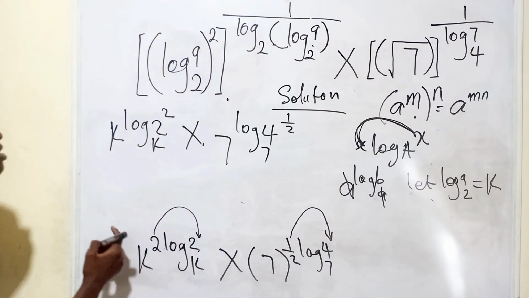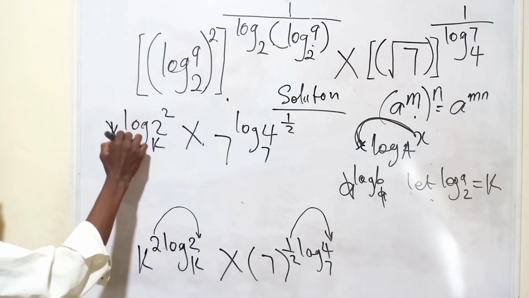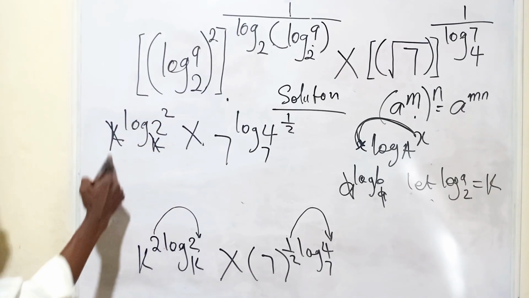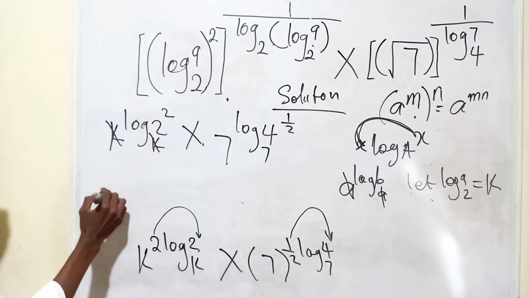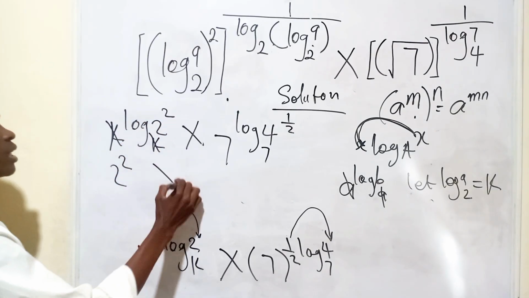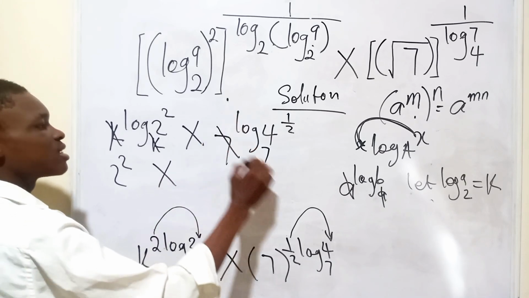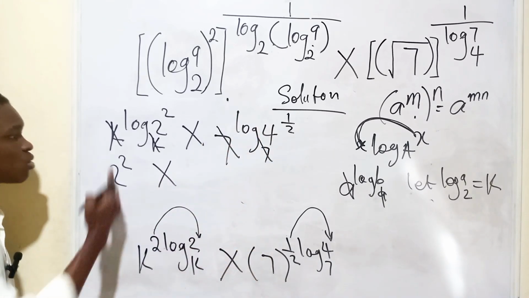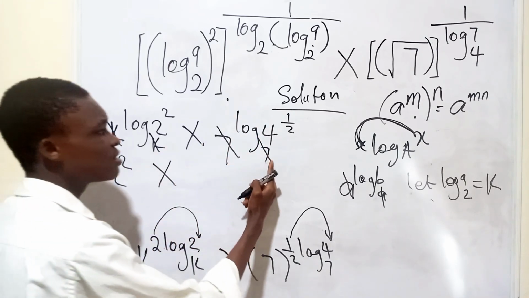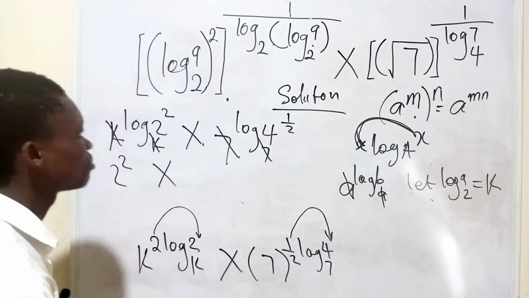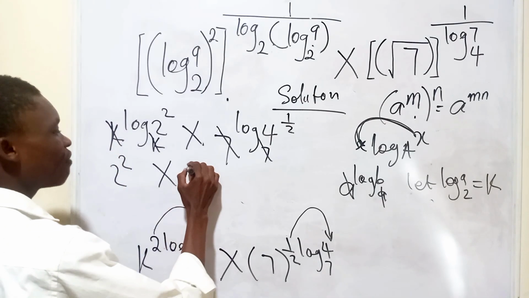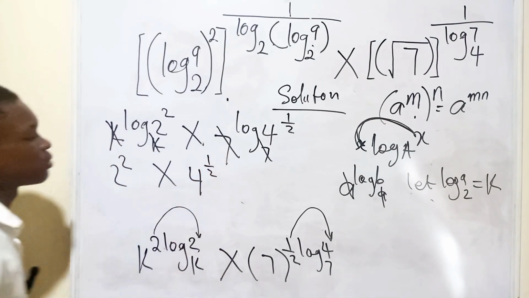So what do we have next? This k cancels out this k. And what do we have? This is 2 to the power 2, times, this base cancels out this base because they are the same. And what do we have? We have 4 raised to the power of 1 over 2.